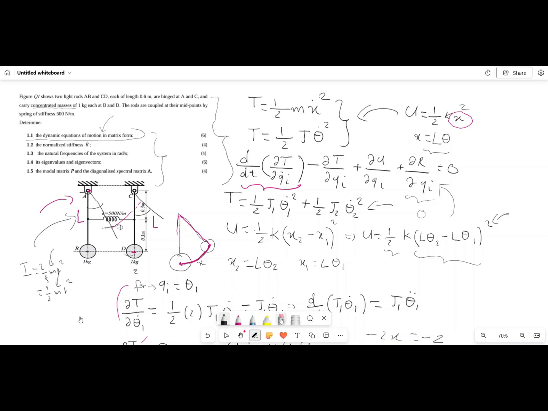Now, how do you solve for the moment of inertia of the concentrated mass? The formula is simple. It is simply the mass of that object, let's say it is M1, times the distance from the center of gravity of the object to the pivot point, squared.